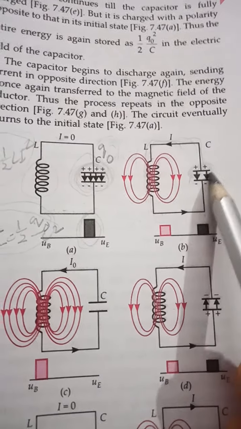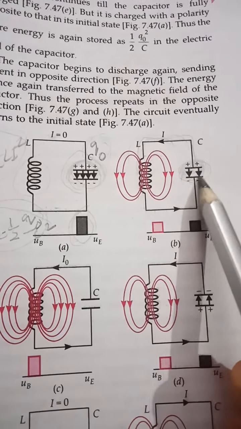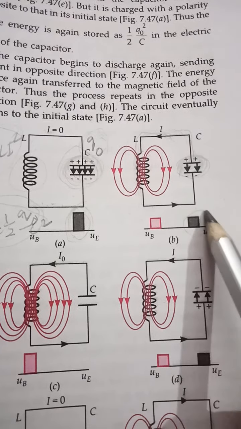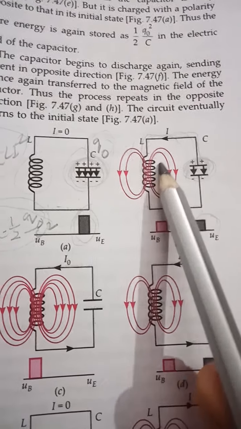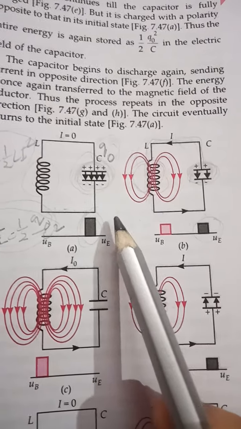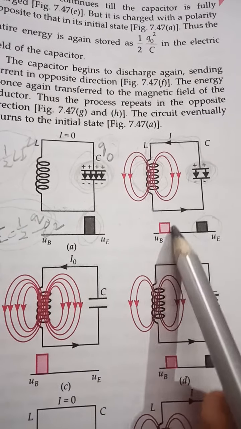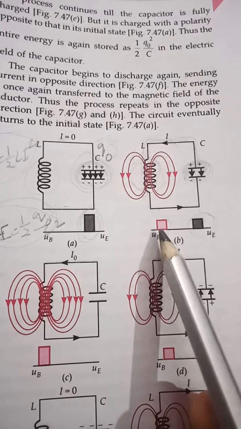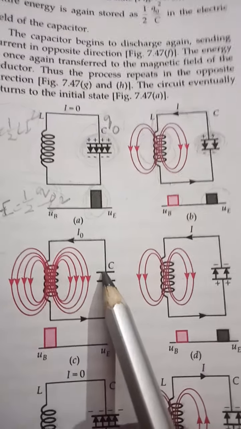So now what will happen? The energy stored in the electric field of the capacitor, U_E, starts decreasing, and the energy stored in the magnetic field of the inductor, half Li square, goes on increasing, and this happens till the capacitor is fully discharged.